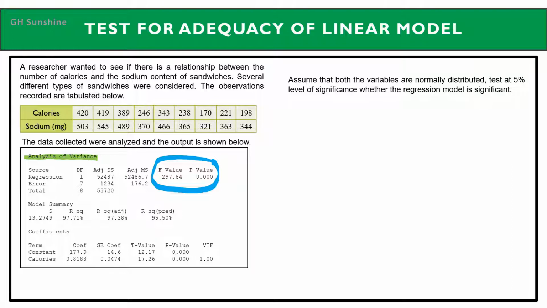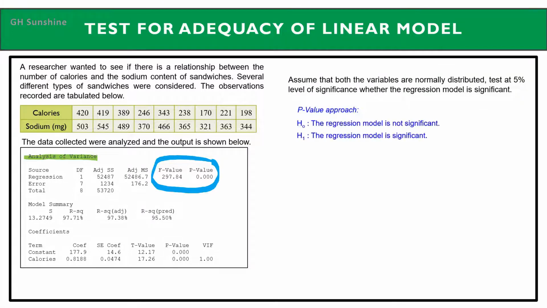Assume that both variables are normally distributed, thus at 5% level of significance, is the regression model significant or not? So let's say first approach, we want to use the p-value approach.